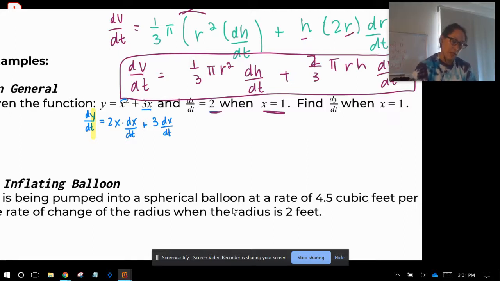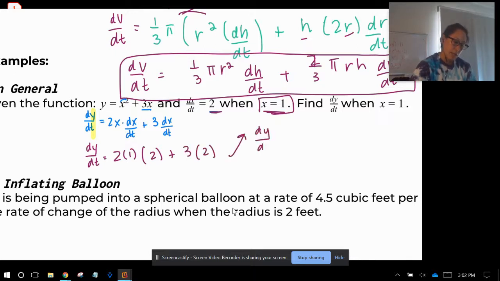We're evaluating at 1, okay? So I get dy dt is equal to 2 times 1 from up here, the rate is times 2, plus 3 times 2. That gives me dy dt is equal to 10.